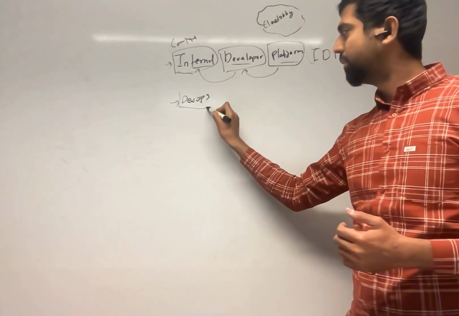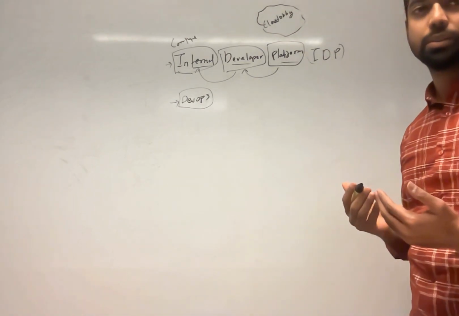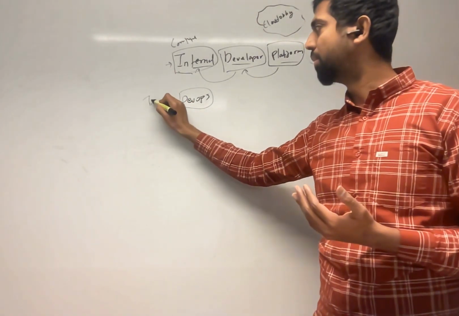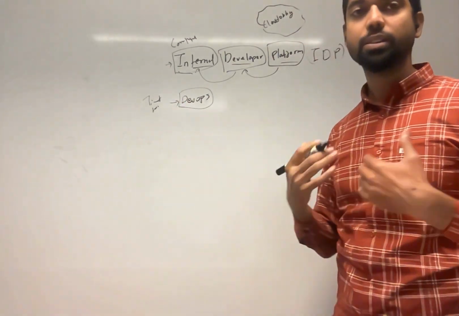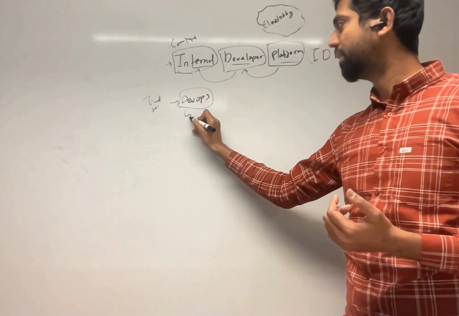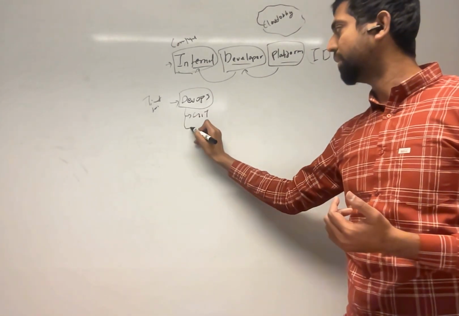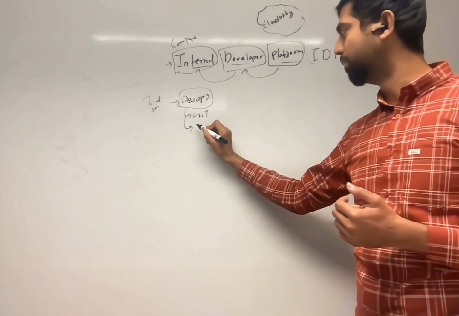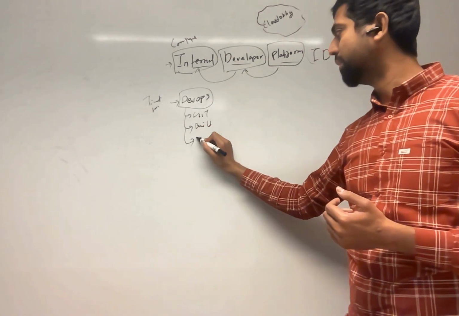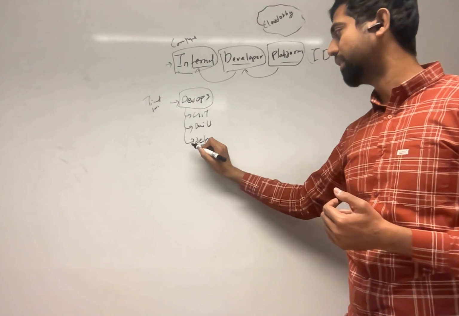And currently we are into DevOps. What is DevOps doing? DevOps is focused on time to market, how much you can release, how fast. So DevOps starts with Git. After Git, it goes to build. After build, it will test and deploy.